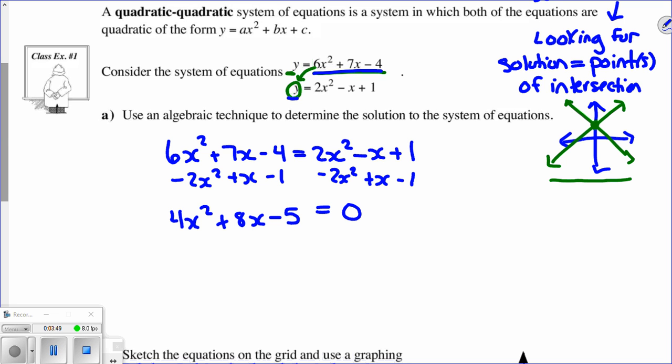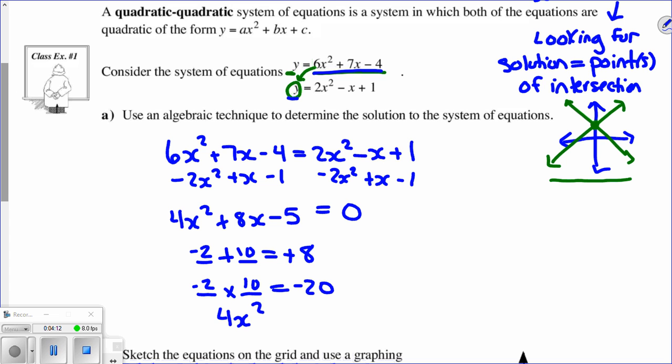And looking to factor this, hoping it will factor. So coming up with numbers that add to positive 8 and multiply to -20. Looks like a 10 and a 2 would work. So a positive 10 and a -2.